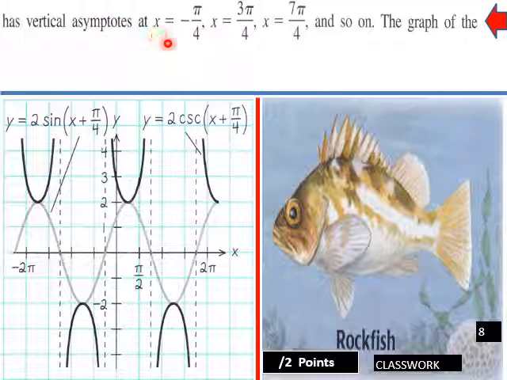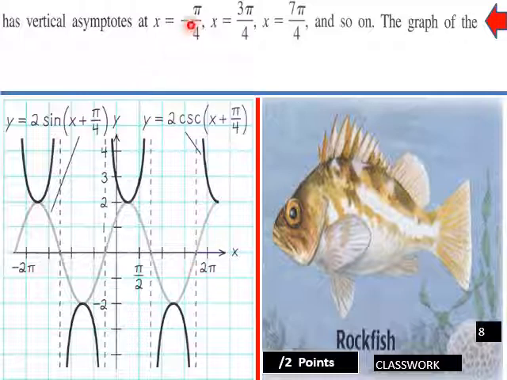Okay, so it has vertical asymptotes at x equals negative pi over 4, which would be here, and then x equals 3 pi over 4 would be another vertical asymptote, which would be here, and then x equals 7 pi over 4, which would be here.